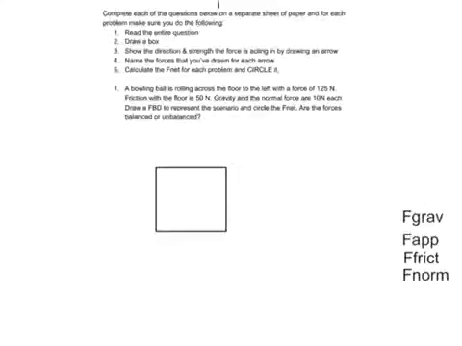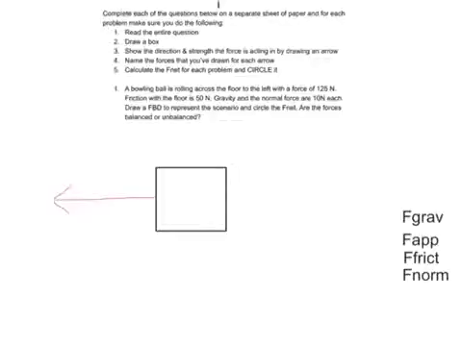First thing we need to look at are all the requirements that we need to include when we are using a free body diagram. That information is highlighted up here in the top area. The problem itself says, a bowling ball is rolling across the floor to the left with a force of 125 newtons. For that, we are going to go ahead and draw an arrow to the left.